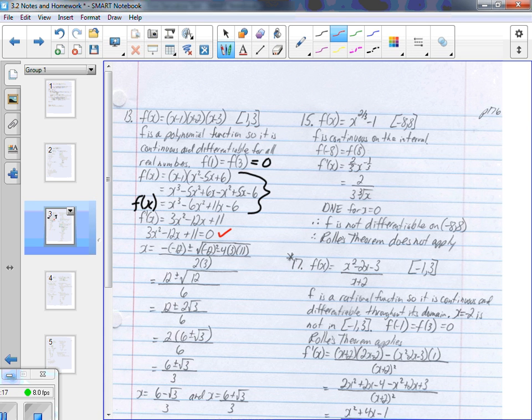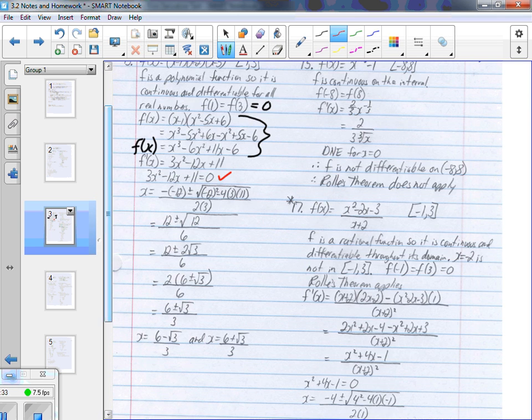So remember that a is the coefficient of x squared, b is the coefficient of x, c is the constant, x equals negative b plus or minus square root of b squared minus 4ac, all of that over 2a. So I'll work it down to here.